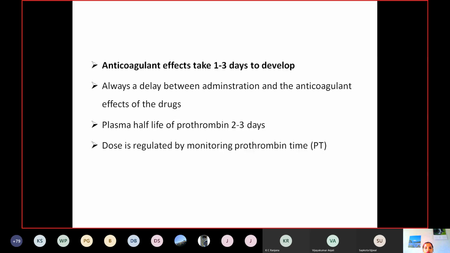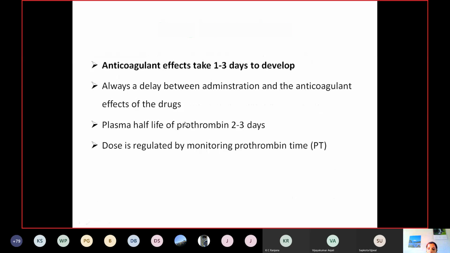These clotting factors have different plasma half-lives. To act effectively, it has to decrease the levels of factor 2, factor 7, factor 9 and 10. But the longest half-life is that of prothrombin, which has a 2 to 3 day half-life.